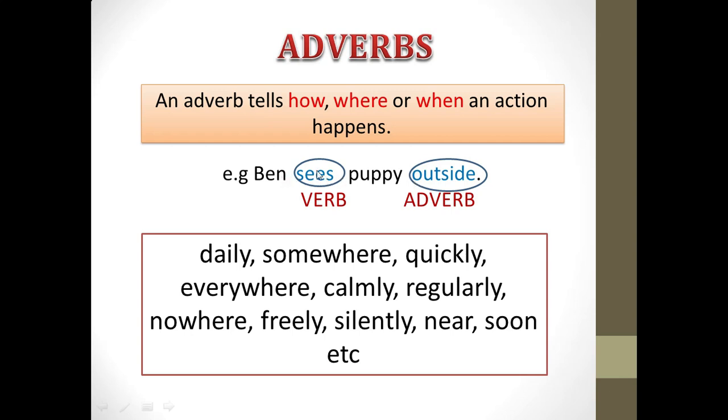Now here you can see sees is a verb and outside is an adverb, because where he has seen the puppy, he has seen the puppy outside. So outside is an adverb, because adverbs tell you about how, where, or when an action happened. Now in this case, Ben sees a puppy outside, you can say that it tells where the action takes place. Okay, outside is an adverb.